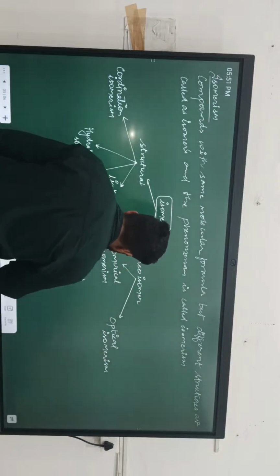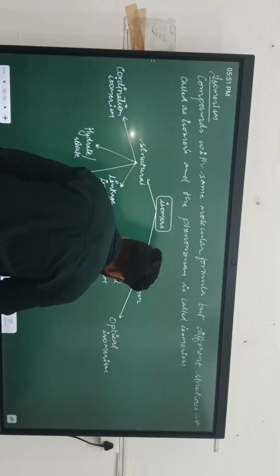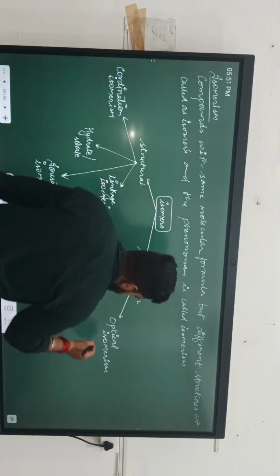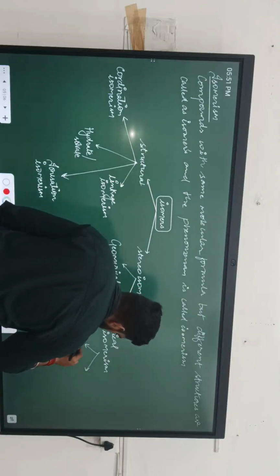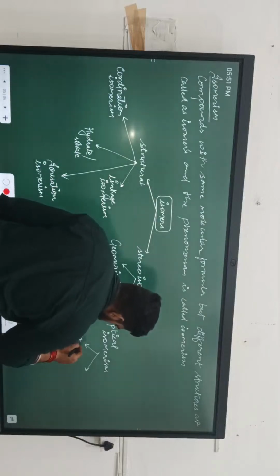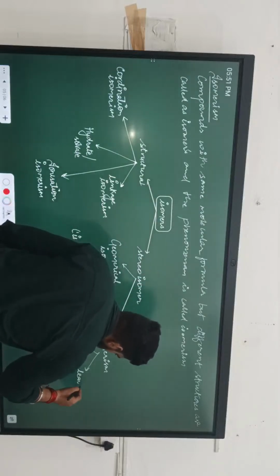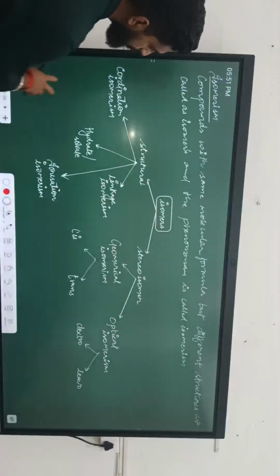Geometrical has again a classification as cis isomer and trans isomer. Optical shows two types of isomer, that are dextro and levo. So these are the broad classifications of isomers.